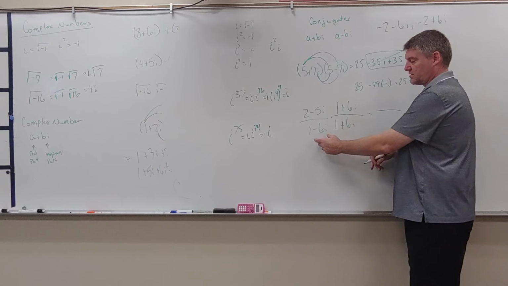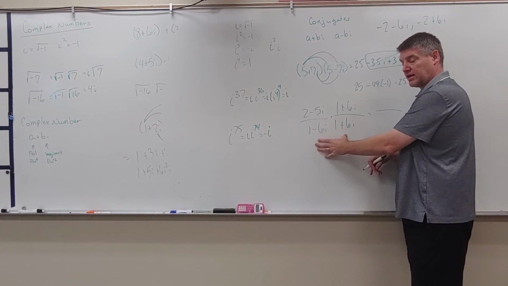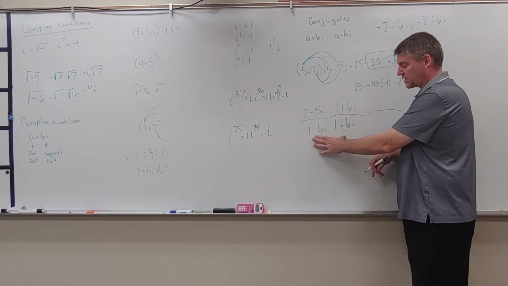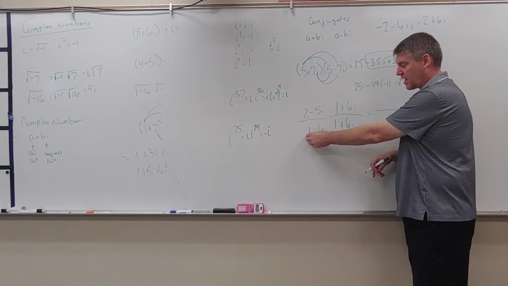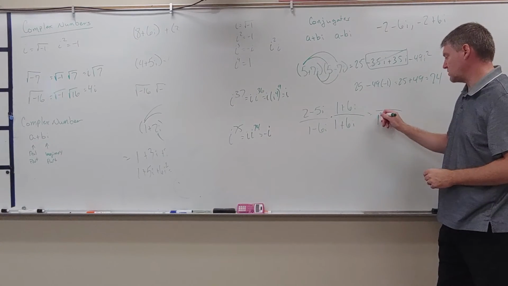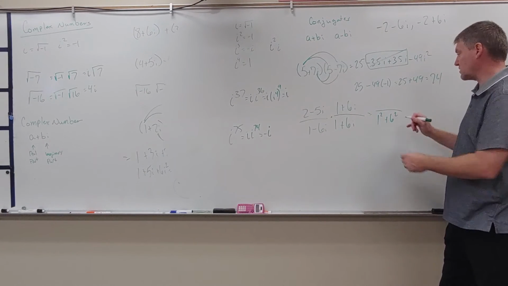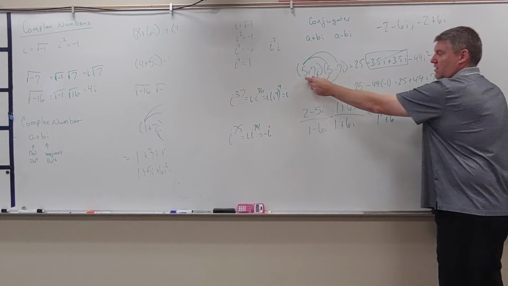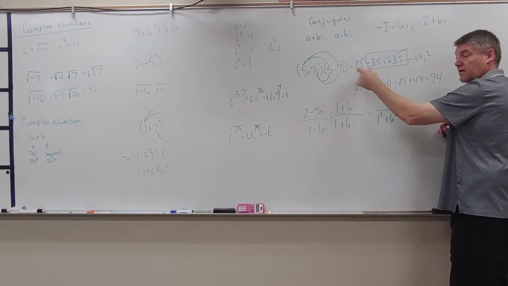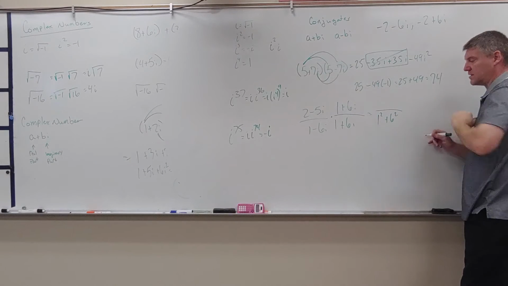Now, this is the nice thing because when we're dealing with conjugates of complex numbers, in my denominator I can just square this value plus the square of this. So this becomes 1 squared plus 6 squared. Because you saw up here, I had 5 squared minus a -7 squared. So it becomes a positive.